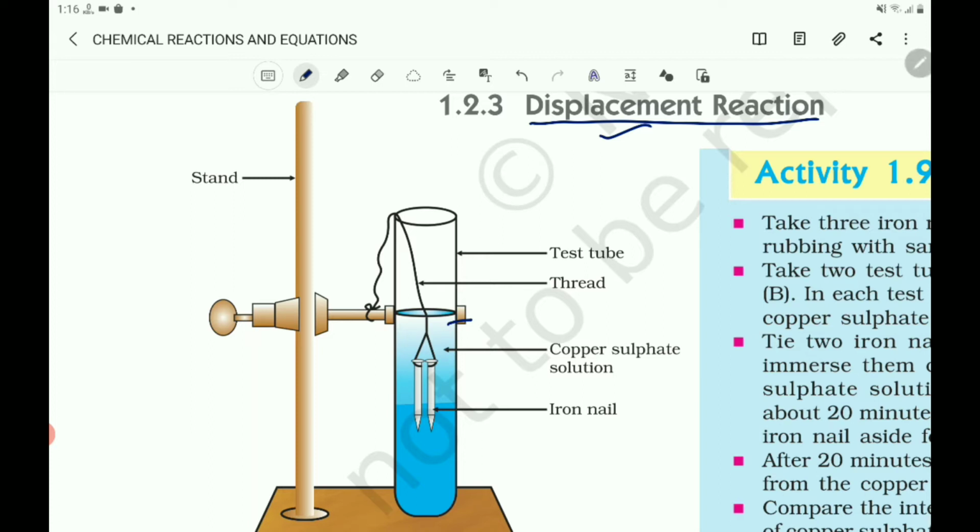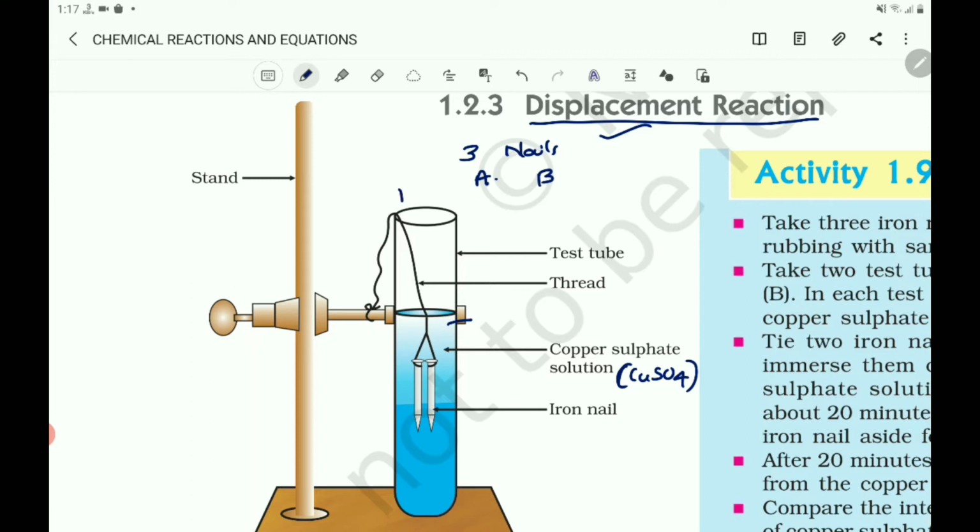Consider the 2 test tubes as test tube A and test tube B, and in each test tube take about 10 ml copper sulfate solution, that is CuSO4 solution. Keep one test tube aside.